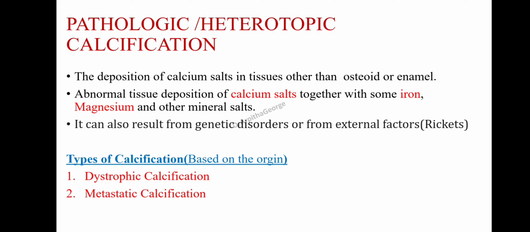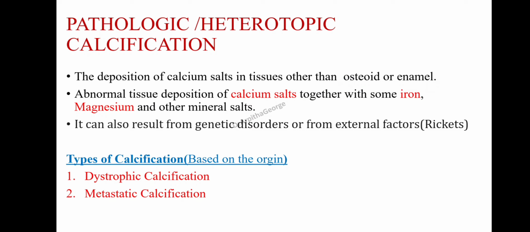We'll take an example here. We'll consider the calcium salts. We can see the calcium salts in our osteoid, which means bone, and in enamel. These are the two places where we can see the physiological calcification, the deposition of calcium in our body.